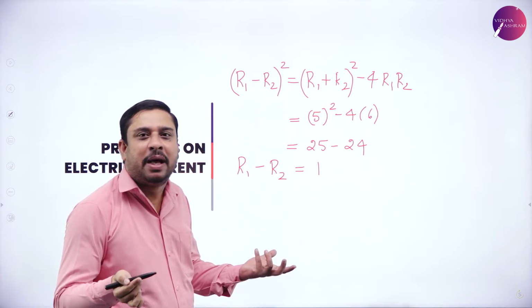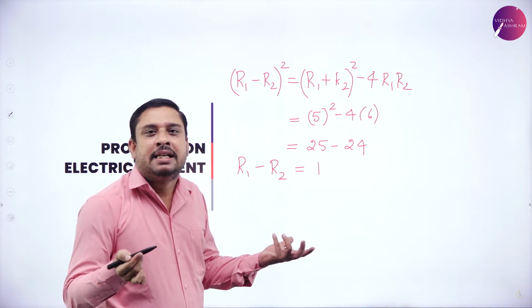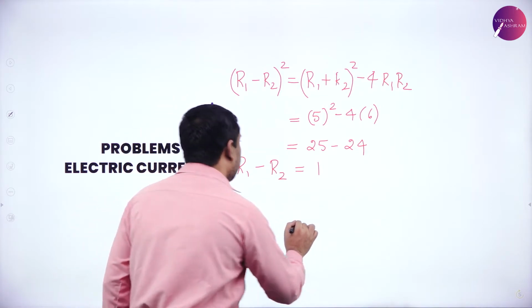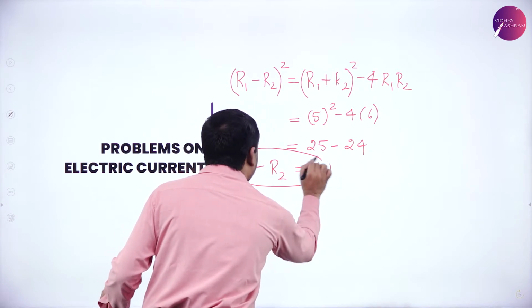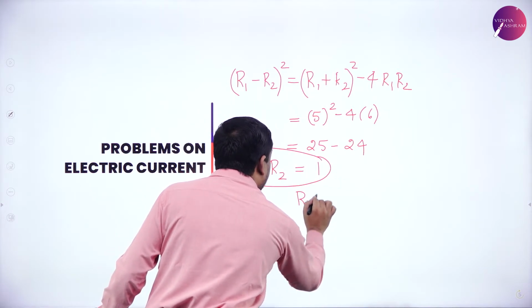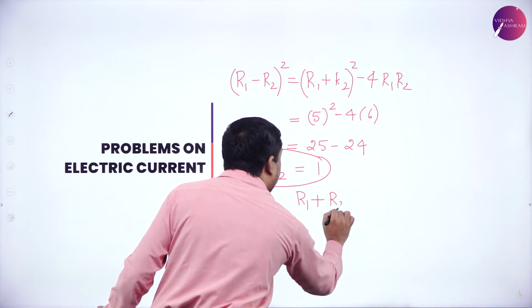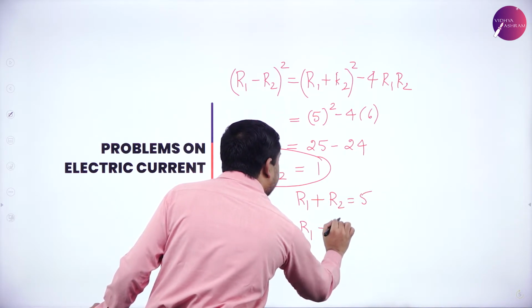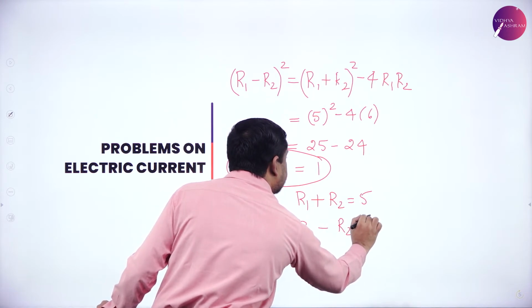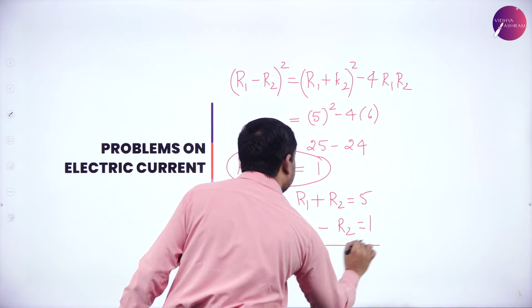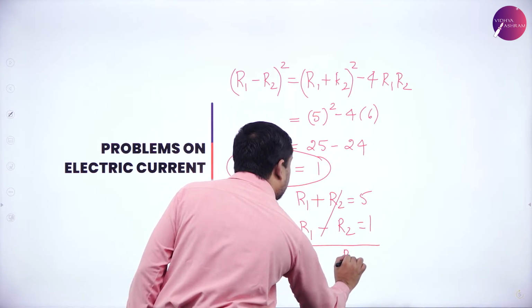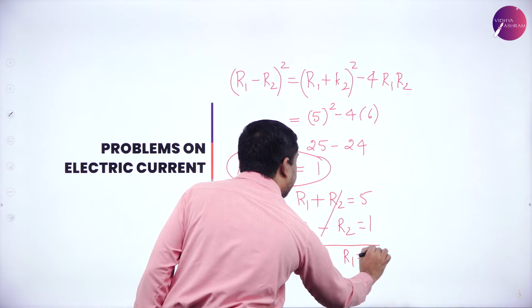Now it is very simple. I have two simultaneous linear equations. R1 plus R2 is 5, R1 minus R2 is 1. So R1 turns out to be 3 ohms.